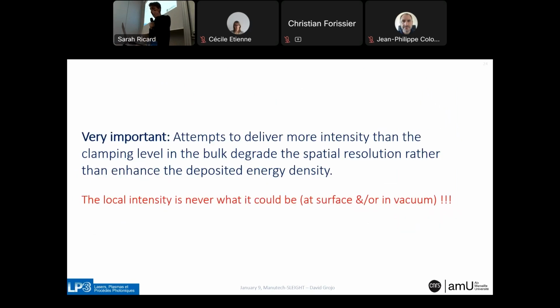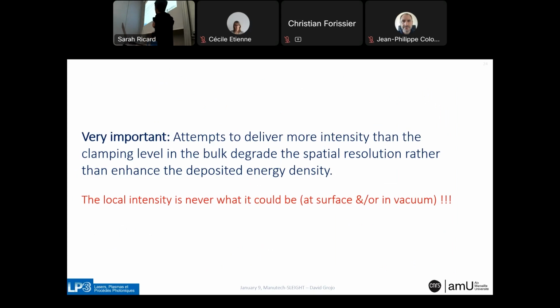My very important message from this part is that when you do an experiment in the bulk of a material with these extremely intense pulses, the local intensity is never what it could be in vacuum or at the surface of a material. And that's the main difference between bulk laser processing and surface laser processing. Obviously, you can exceed this 10 to the 13 watt per square centimeter if you interact on the surface, but in the bulk, because of this interaction physics, you will limit the thing.